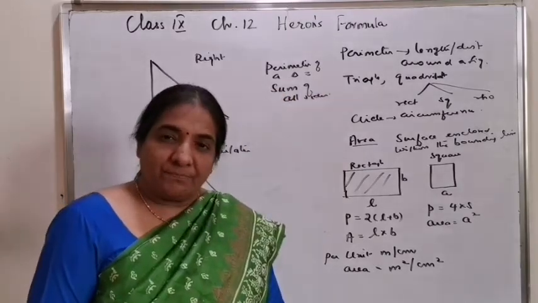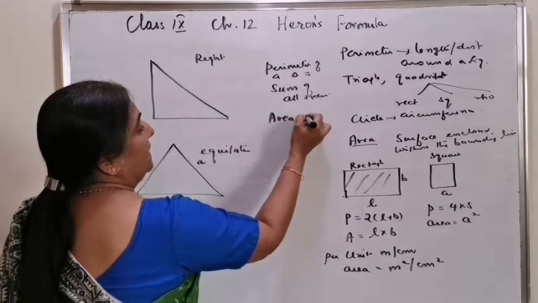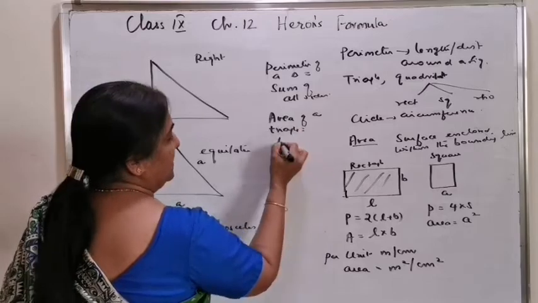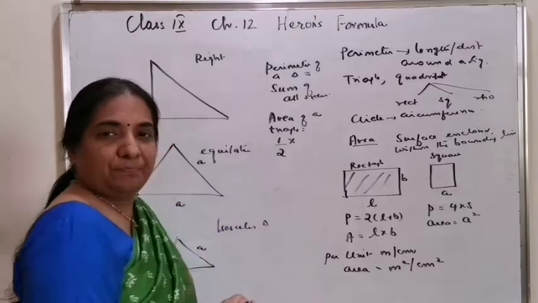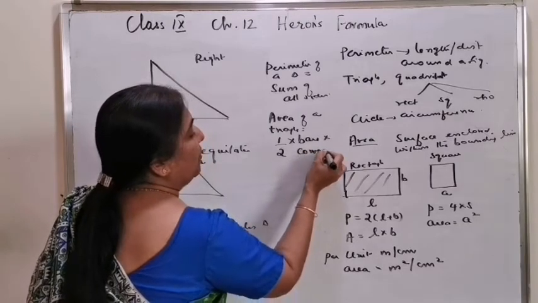And now regarding the area of a triangle, the formula under consideration is half into base into corresponding altitude.